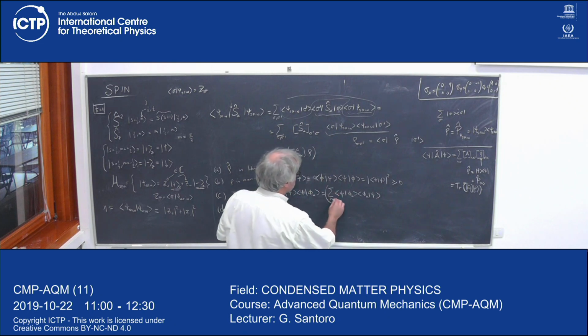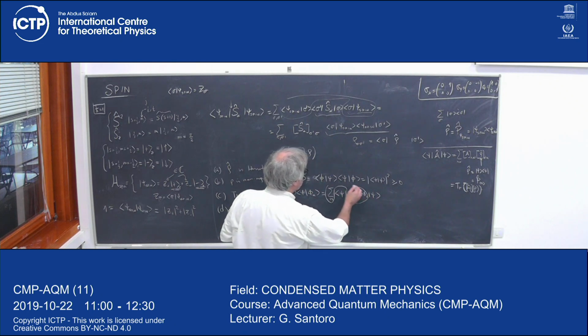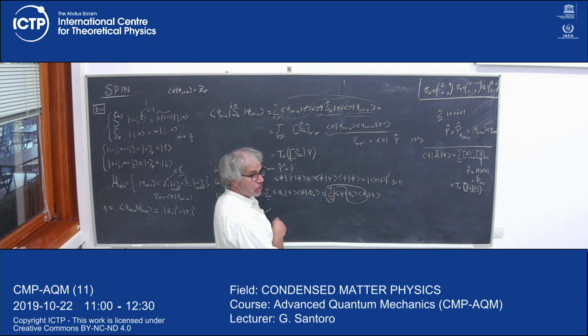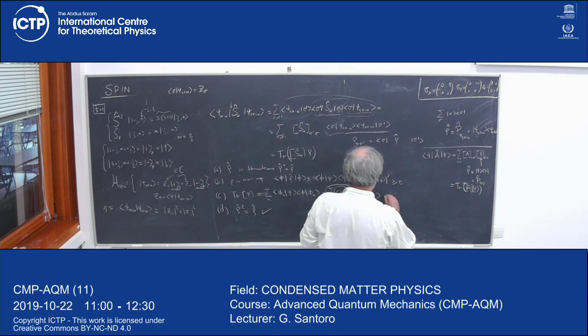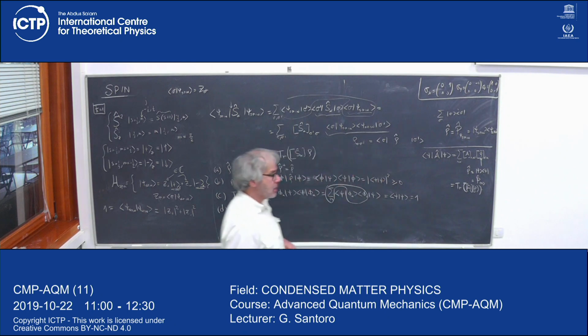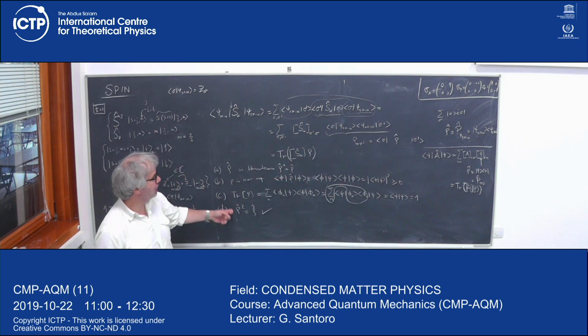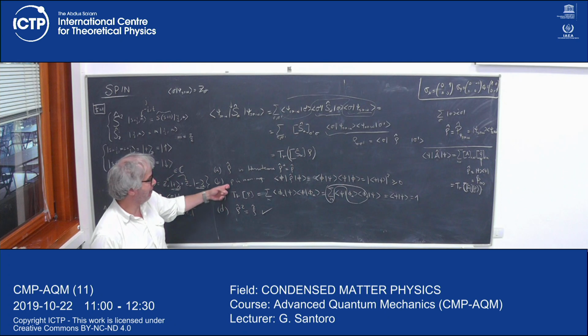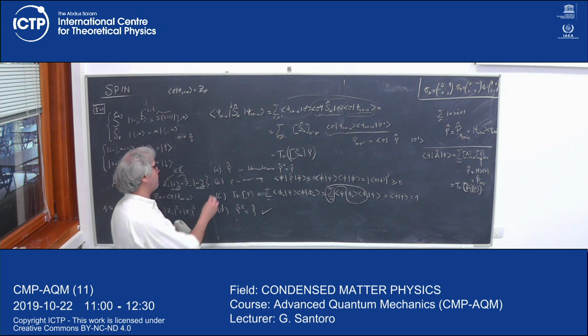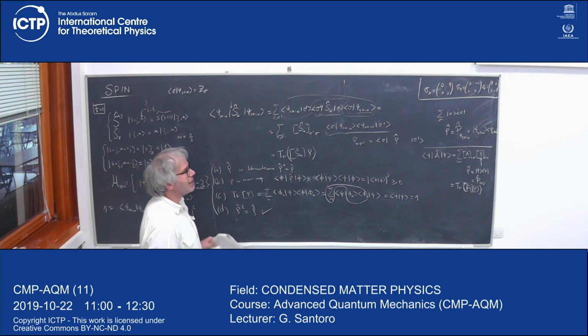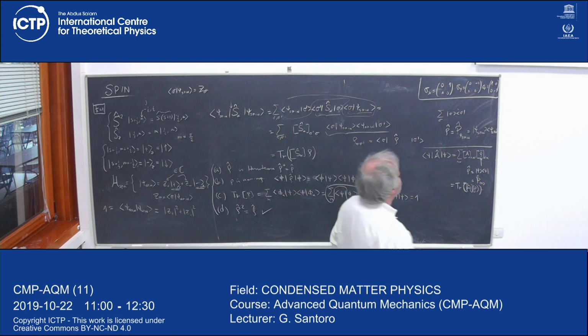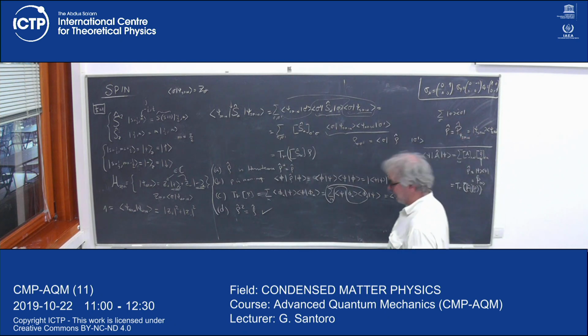Now I recognize that this is an identity, because this is a basis of the space, and therefore this object is the scalar product of psi with psi, which is 1. So the trace of the pure state density matrix is 1, and the square is equal to rho, and it's non-negative and Hermitian. Okay. This is just rewriting pure states in terms of this funny-looking object.